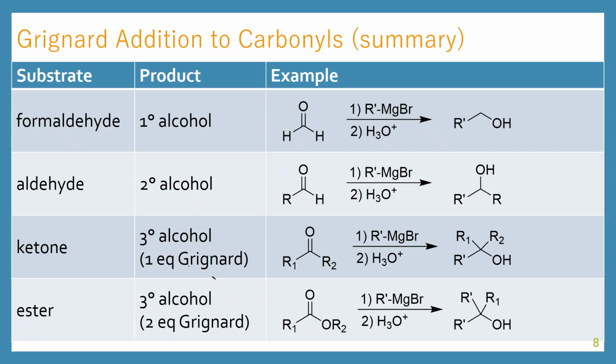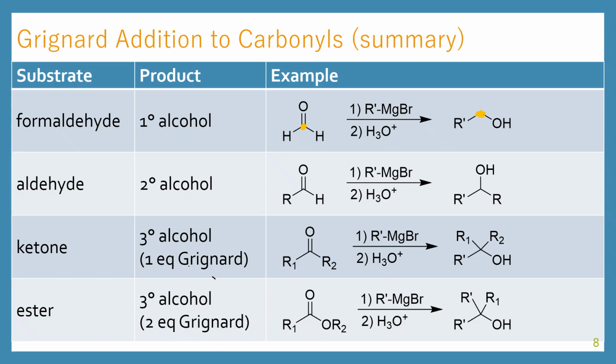And make sure that when you're looking at this chart that you're kind of keeping track of what you're seeing. Here's our carbonyl carbon, and here it is in the product. Our Grignard I marked as R prime so that you can keep track of it in the products. Notice that for all of these I used the exact same reaction conditions just so you can keep track of it more easily.